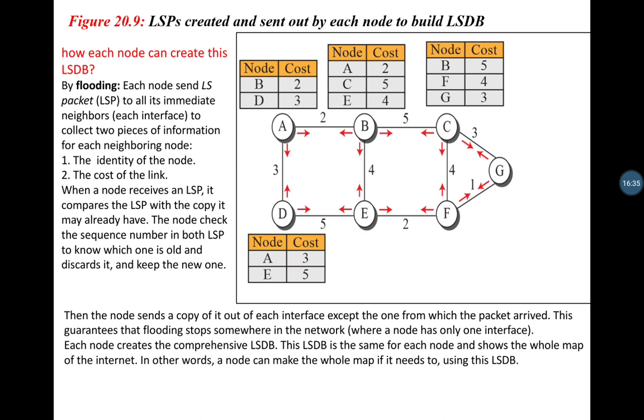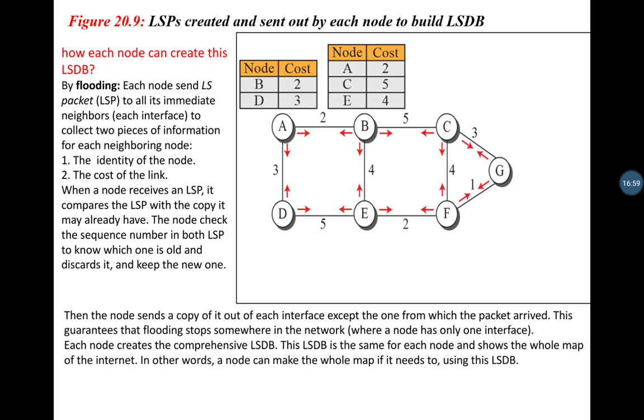By sending a link state packet to the immediate neighbors, it collects the identity and cost of the link. When a node receives this link state packet, it compares it with the copy it may already have. Then the node checks the sequence number in both link state packets to know which one is old, discards it, and keeps the new one.